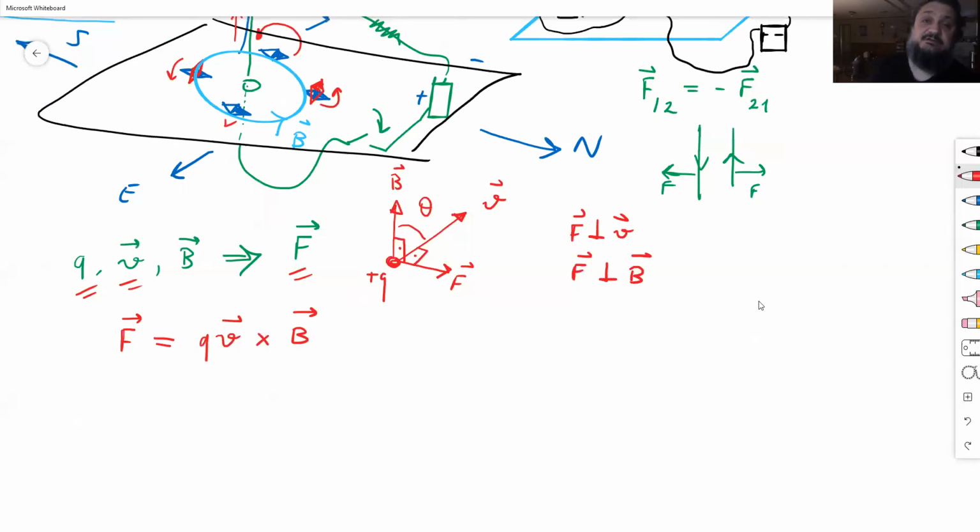This gives the force on a moving charge in the presence of a magnetic field with velocity V.